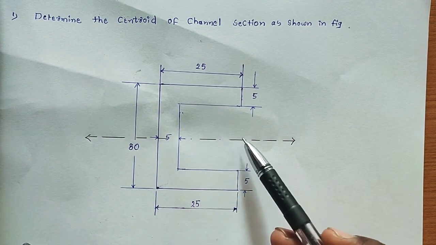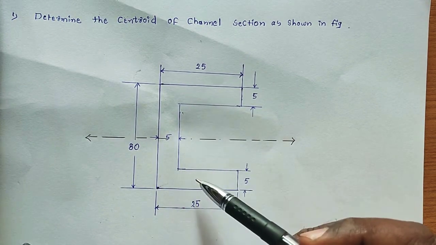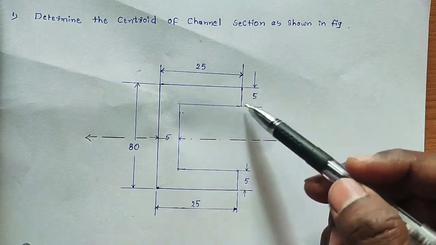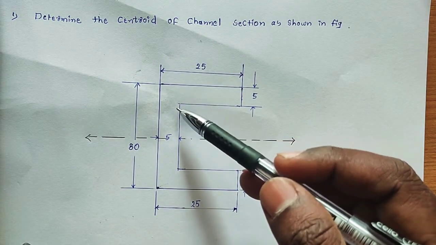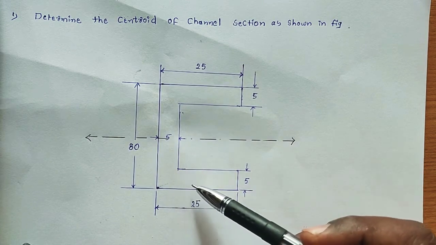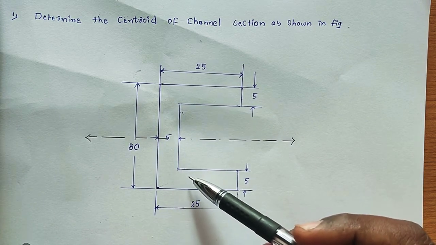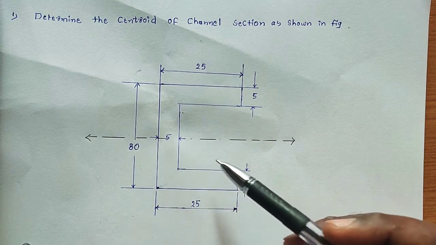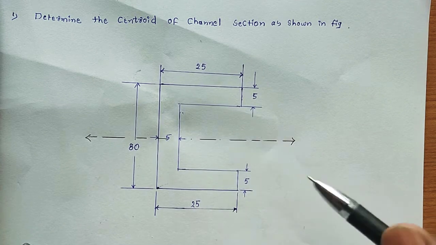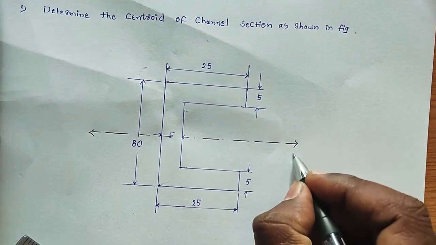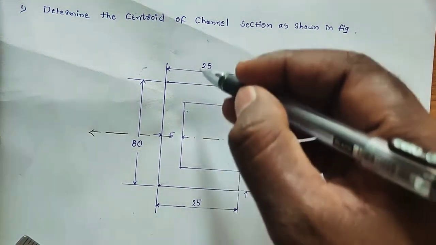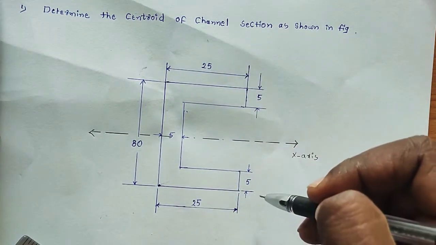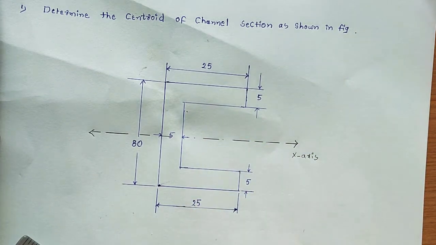About this axis, this channel section is symmetrical. Whatever shape or area you are getting on this side is the same as on the other side also. About the y-axis, wherever you draw the y-axis, this channel section is not symmetrical.